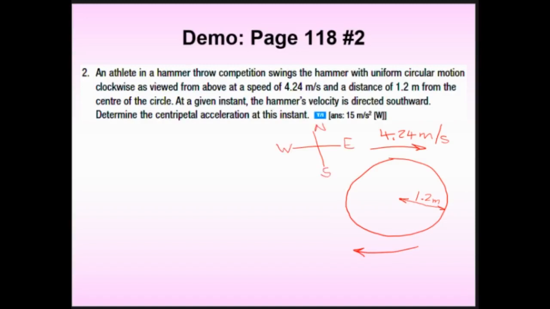So apparently, where here, everyone, would the velocity of the hammer be directed towards the south? I want you to basically tell me, where do I put a dot on the rim of the circle such that that dot is moving towards the south? Not located south, moving perfectly towards the south. Ammar?